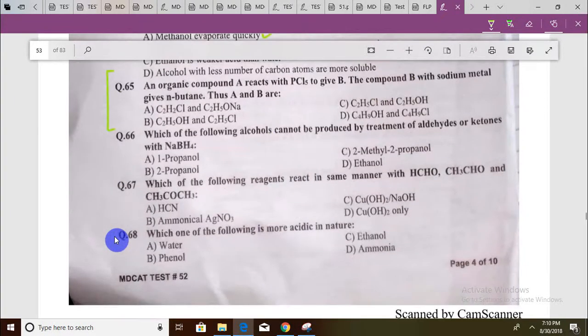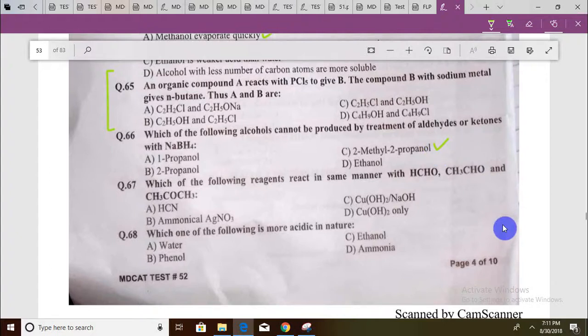Now the question is, which of the following alcohols cannot be produced by treatment of aldehydes or ketones with NaBH4? The answer is 2-methyl-2-propanol, because that is a tertiary alcohol, and neither aldehydes nor ketones are made from tertiary alcohols. Bit of a trick question, but not difficult.